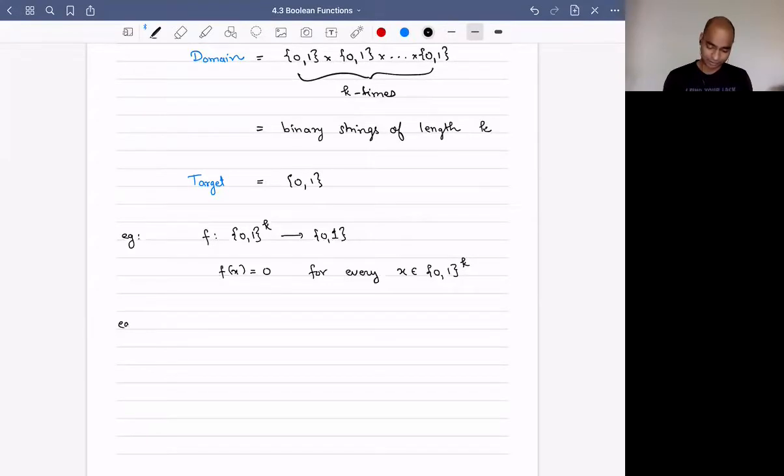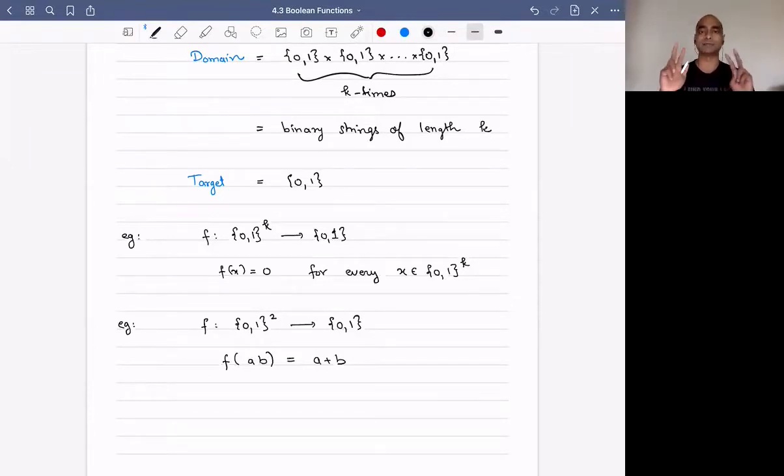You can have a function f that takes in 2 entries, so strings of length 2, and produces the sum. Here the sum is in Boolean algebra. So remember that Boolean algebra is like propositional logic, and the sum is like taking OR. f of 0, 0 is 0, f of 0, 1 is 1, f of 1, 0 is 1, and f of 1, 1 is also 1.